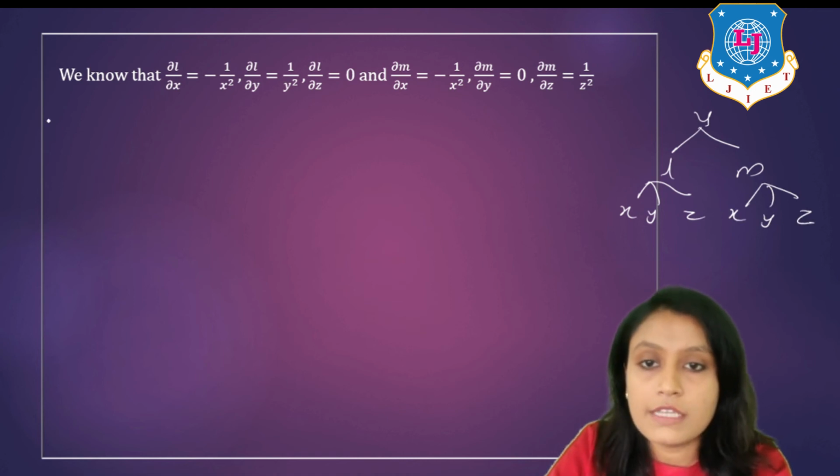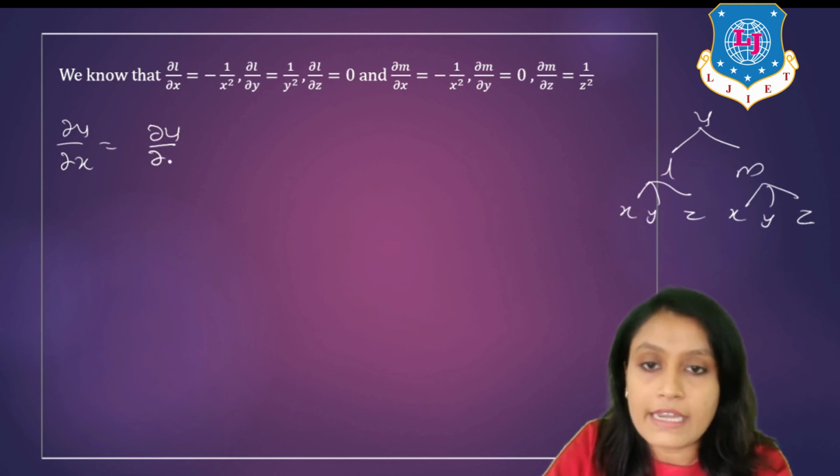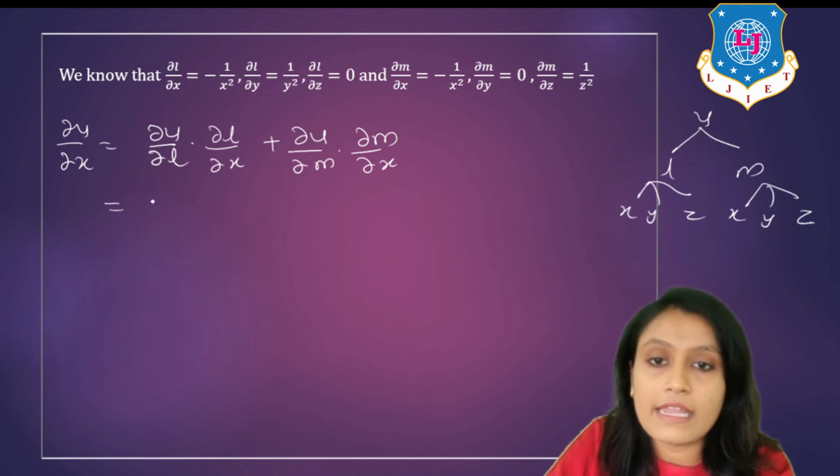So firstly we have to find this ∂u/∂x. So what is the formula? Chain rule, that is ∂u/∂L from u to L and L to x. So ∂u/∂L into ∂L/∂x plus next ∂u/∂M into ∂M/∂x. Now we will keep this ∂u/∂L as it is because we cannot find its answer.